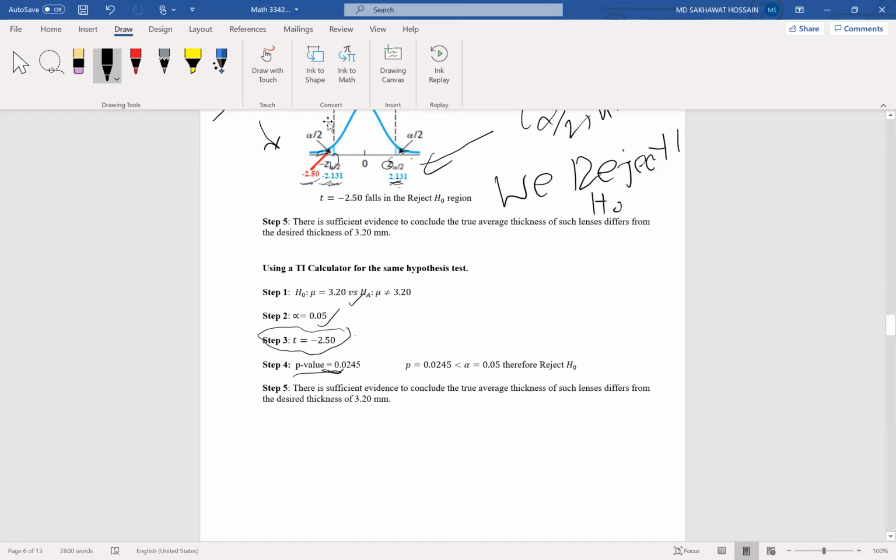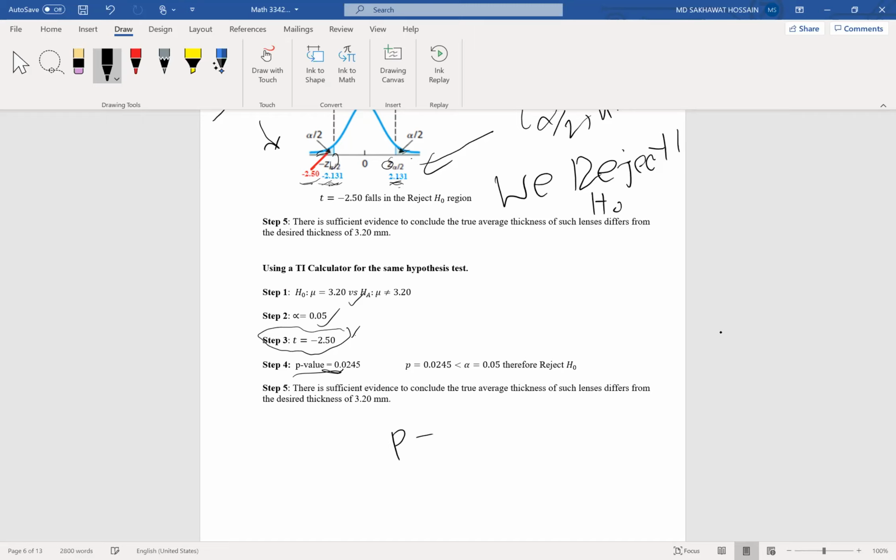So you can use either of them. If you use the test statistics, you will compare it with the critical value. But if you use the p-value, you will compare it with alpha.